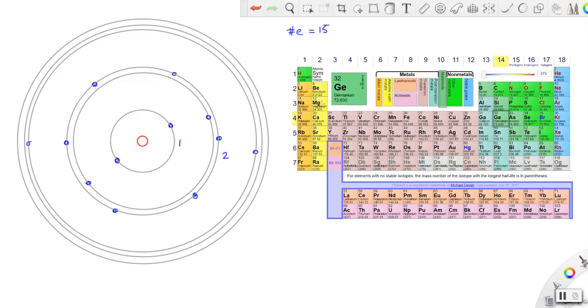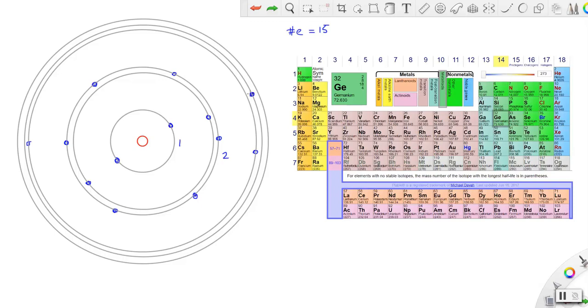s subshell, and then we skip on over to aluminum. Okay, still on that 3. At aluminum we need to add another electron. We're out of s subshell, so we begin to go to the p subshell.